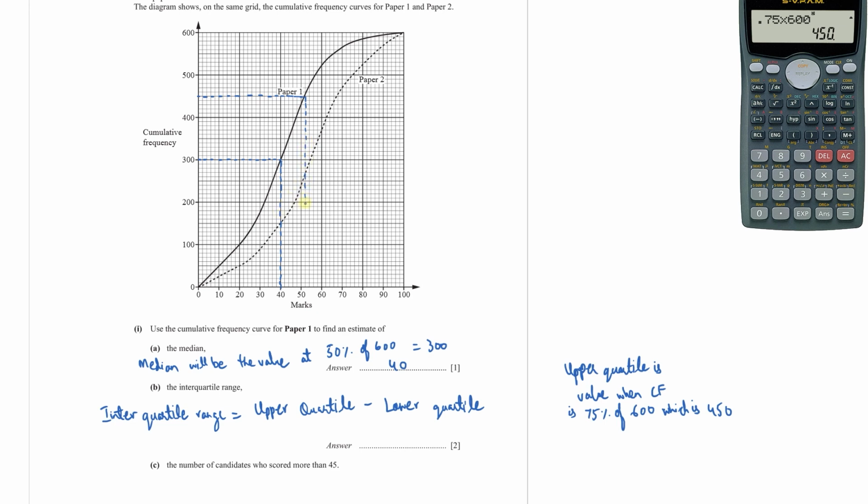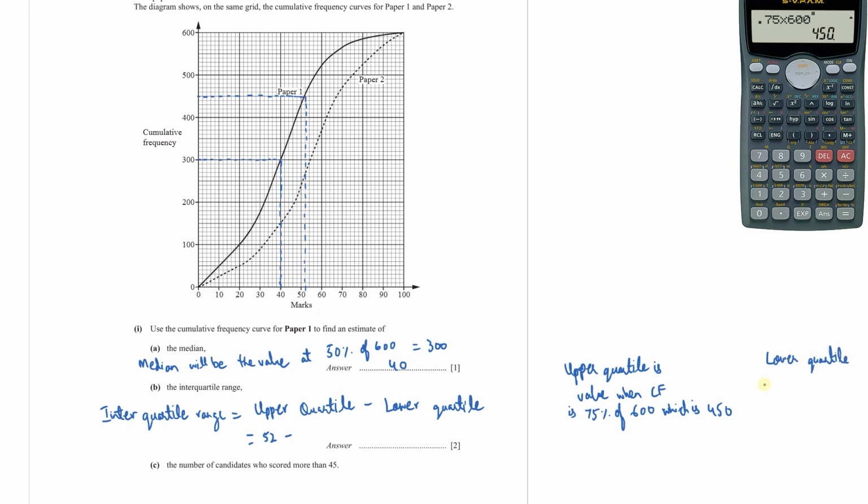You will draw the line. You can use a ruler to draw this straight line and see what the x value is. Here it is 40, 50, and each small box is 2. So this is 52. So upper quartile is 52, minus lower quartile.